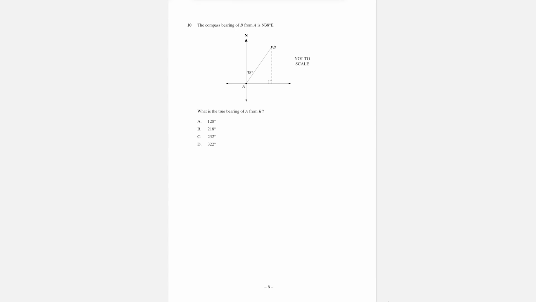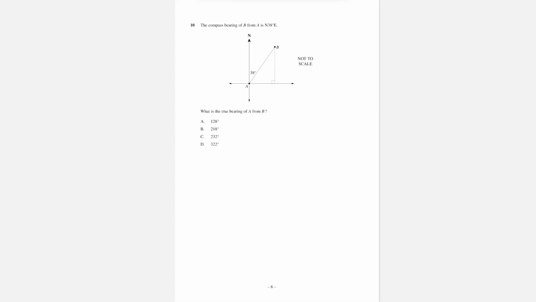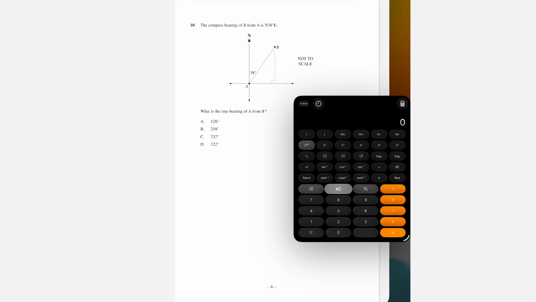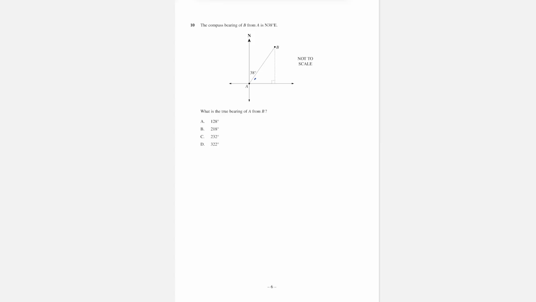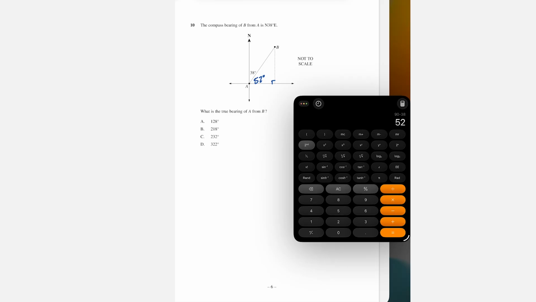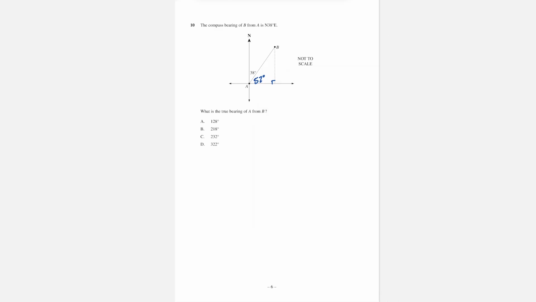The other way of doing it is by saying that these two angles add up to 90. So then this angle here is going to be 90 minus 38, 52 degrees. This one's 90. So then the other two angles add up to 90. So 90 minus 52 again gives us 38 here.